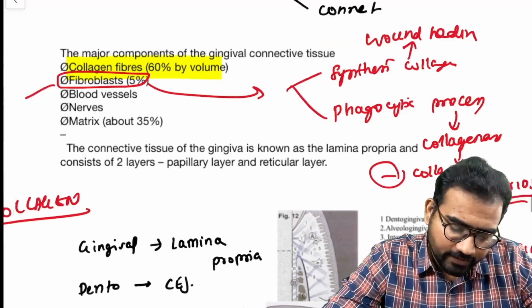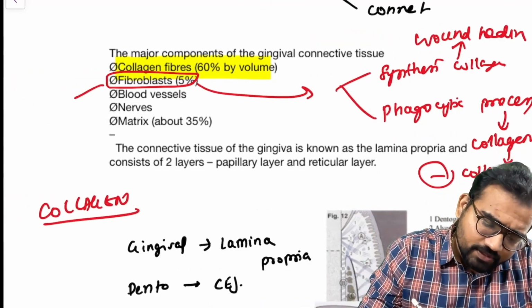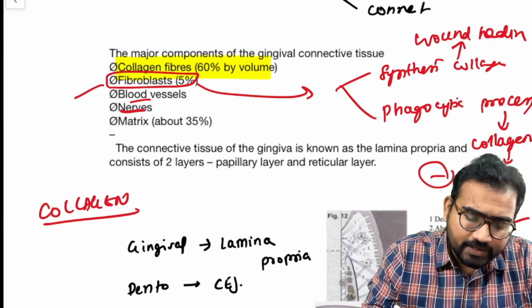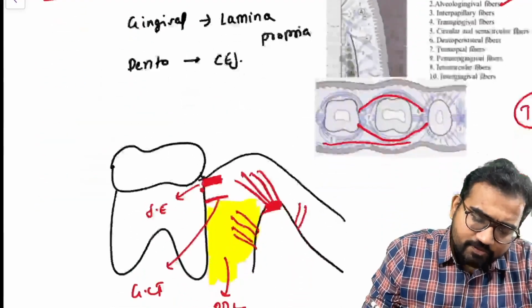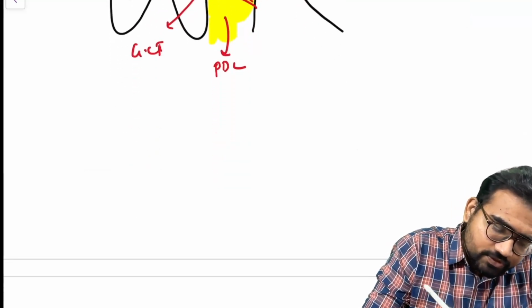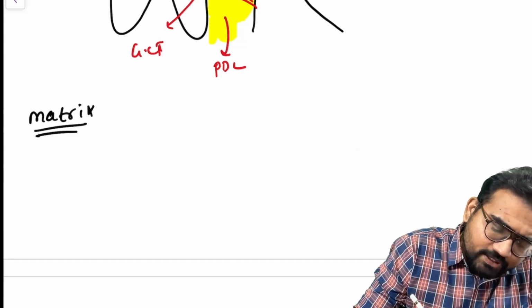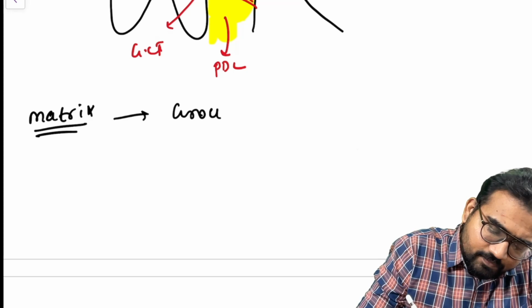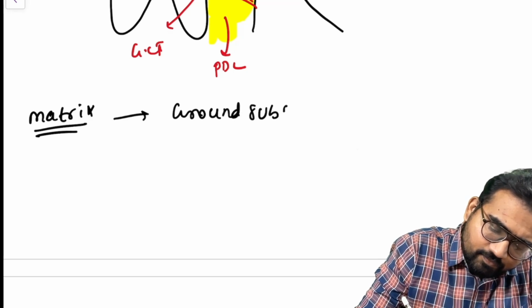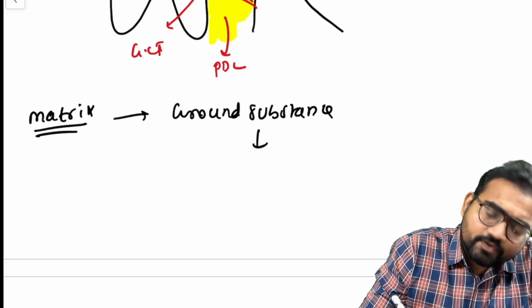Now blood vessels and nerves, you will read in anatomy. Matrix, so matrix is nothing but the ground substance. What is the function of a ground substance?